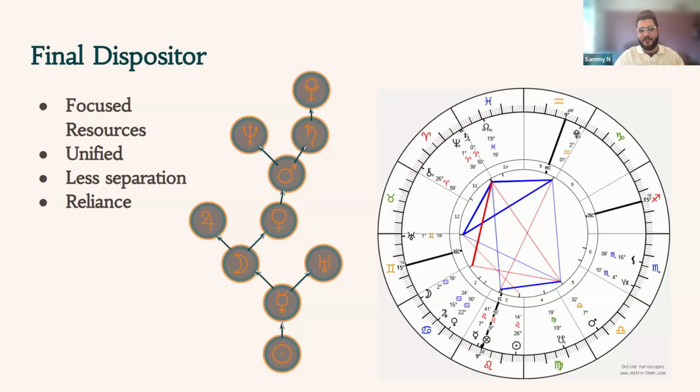Now you might wonder, we have the sun here at the very bottom, and then it goes up to Mercury. Any planet in the same sign as the sun would answer to the sun. That's just how it is. And now Mercury goes to Uranus, but also to the moon.